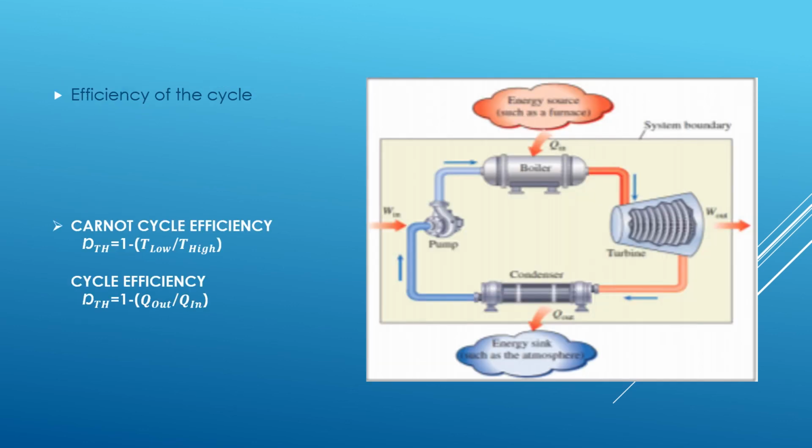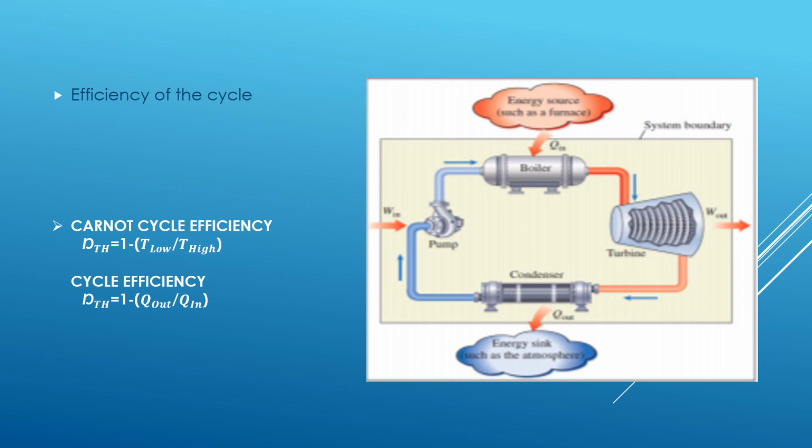Finally, I'll be talking about the efficiency of the Rankine cycle. The first equation is for the Carnot cycle efficiency, which is for the 100% perfect ideal cycle, and that is 1 minus the low temperature over the high temperature.